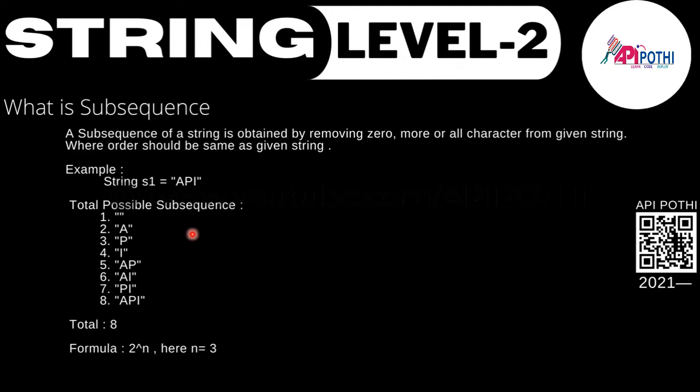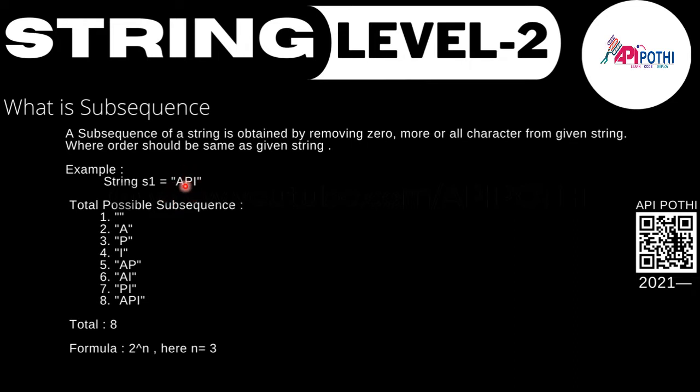Now the twist here is that we have the API, okay? Out of API, I have deleted only one character. Now the subsequence becomes AP, okay? AP is a subsequence of API, whereas PA is not a subsequence of API, because between P and A there is no character here.